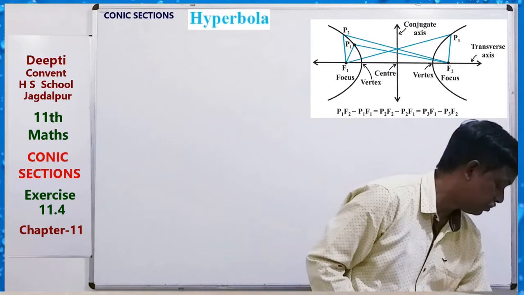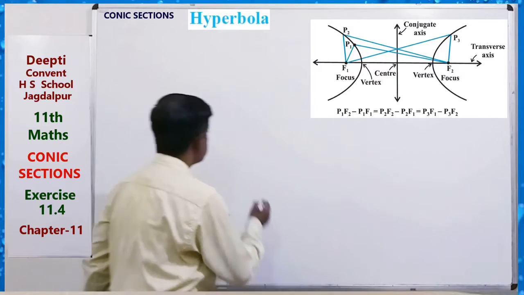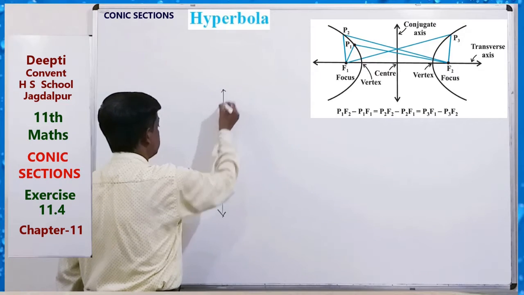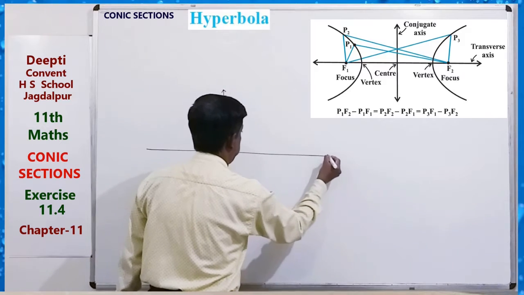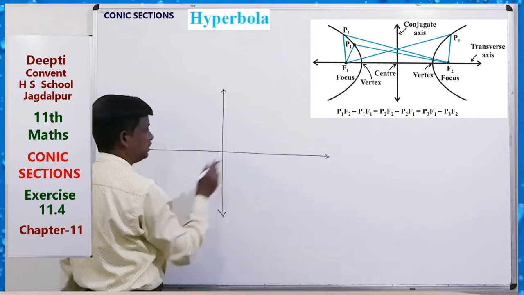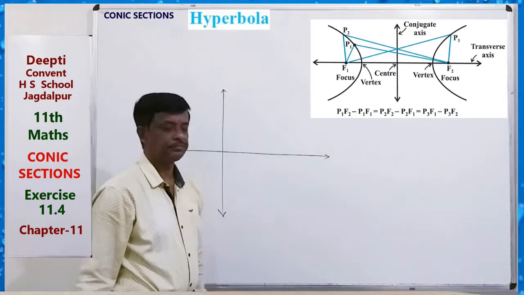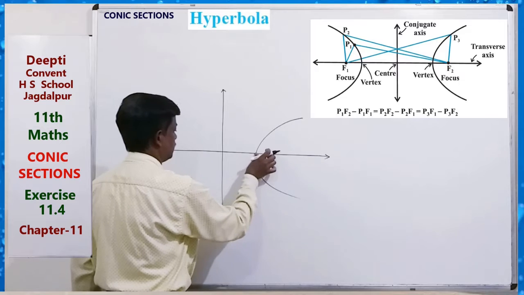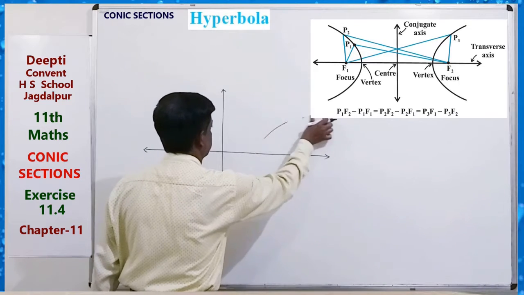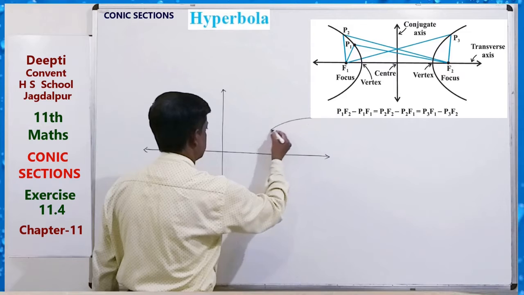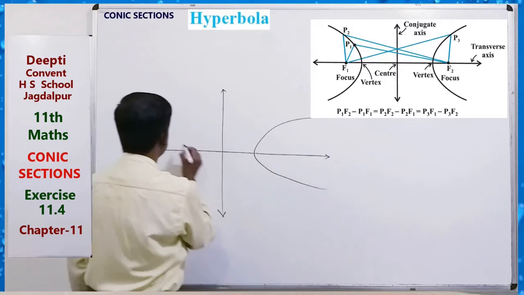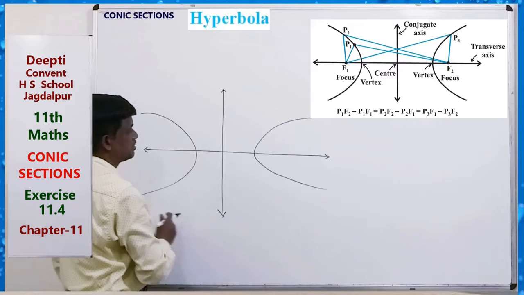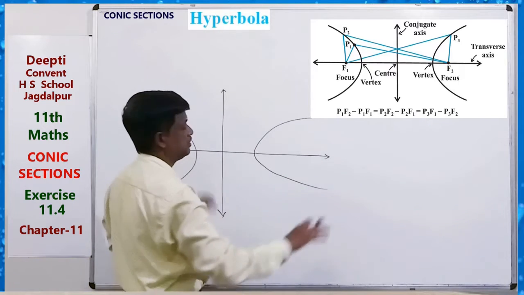Suppose the diagram is like this in hyperbola, the same type of diagram on both sides.